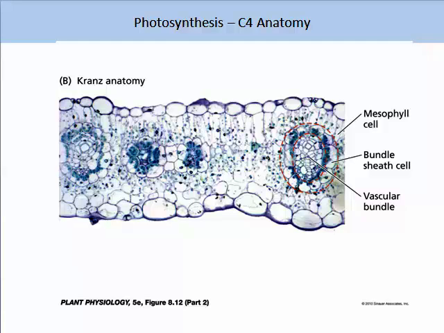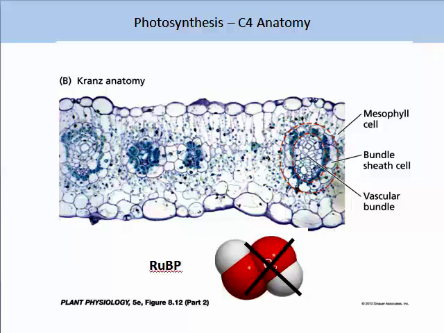So, let's look at this in a little bit more detail. Carbon dioxide is fixed twice. Firstly in the mesophyll cells, and secondly in the bundle sheath cells. In doing this, the C4 pathway keeps oxygen away from RuBP.